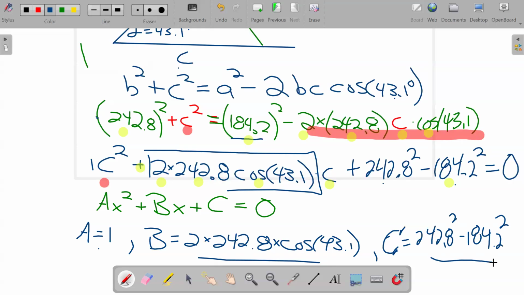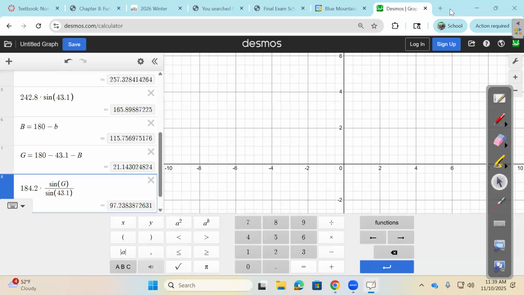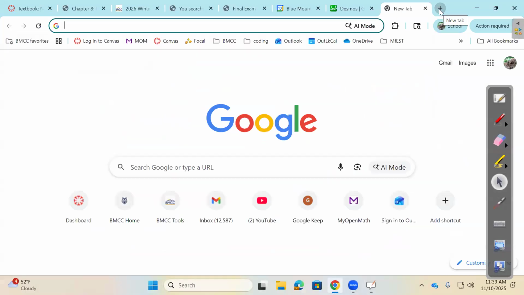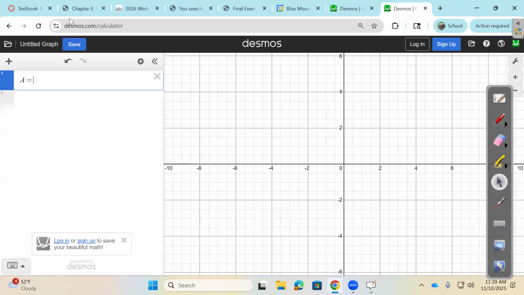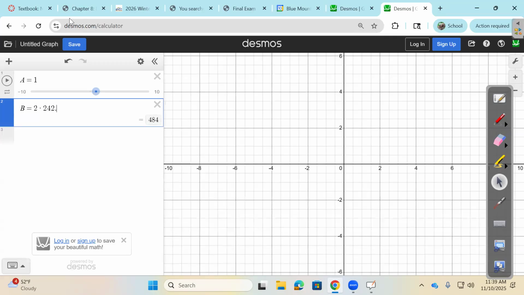Let's try it. See if I can pull this off. All right, you guys are going to have to help me out. Let's bring up a new Desmos because that one's getting a little busy. All right, capital A equals 1. Got it. Capital B is 2 times 242.8 times the cosine, right? Yep. 43.1.